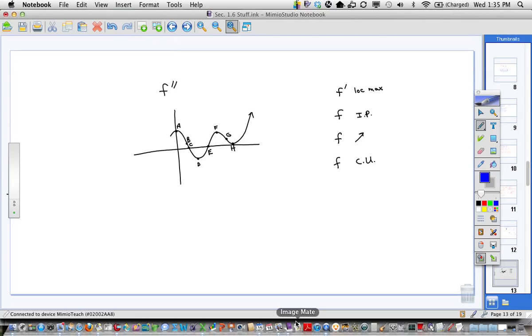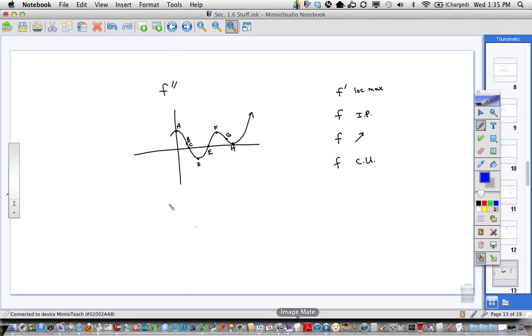And you weren't as confident about that one. Where does F prime have a local max? C. It's the same question, isn't it? It's the same question as before. I gave you an F prime graph, asked you about F. Now I gave you F double prime and asked you about F prime. That's the same relationship. It's the same question.